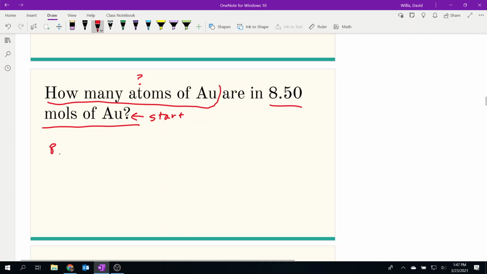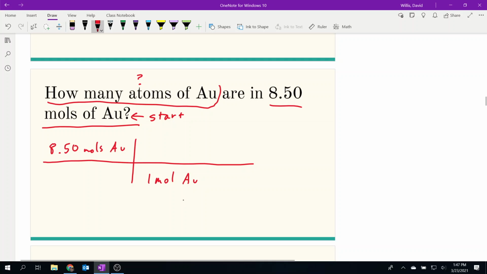So I'm going to start with 8.50 moles of gold. And I'm going to need moles of gold to cancel. So it's in the numerator, so I need to put it in the denominator.